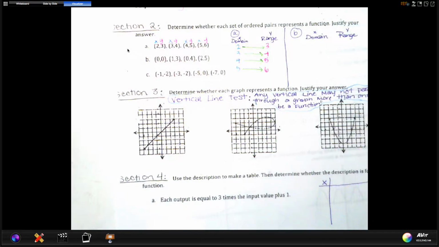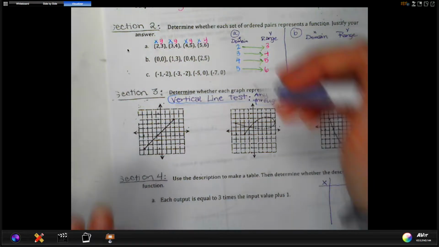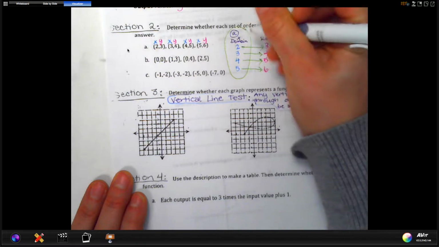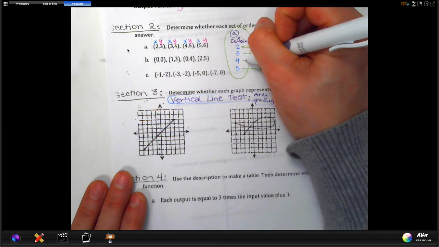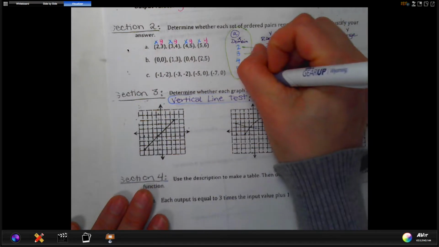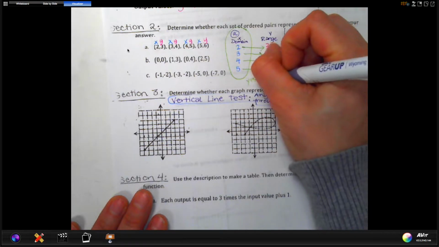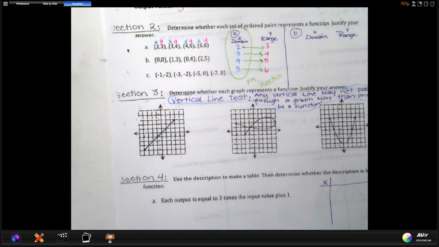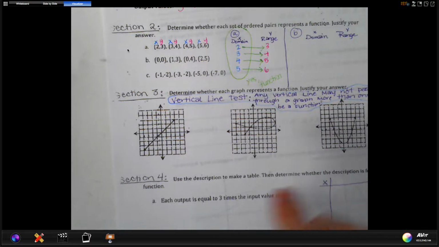What you're looking at is just the domain side. If the x's all have exactly one arrow coming out of them, we say yes, this is a function. If there were more than one, then we would say no, it is not a function. Let's do it one more time, and then I'm going to leave C for you to do on your own.